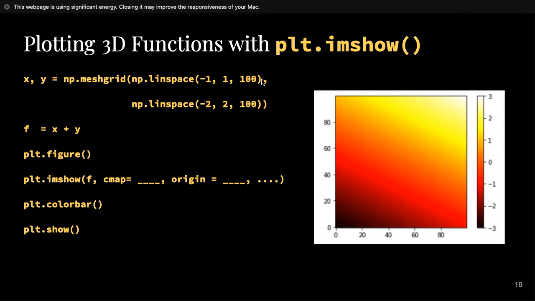Now, normally these are just two one-dimensional arrays of different values. But I want to make a grid of arrays. Say I want to have x, y at every single point. This meshgrid function combines them and gives you two arrays, x and y, that you can use. They're the same arrays. They're just two-dimensional now, and they have the full grid of values.